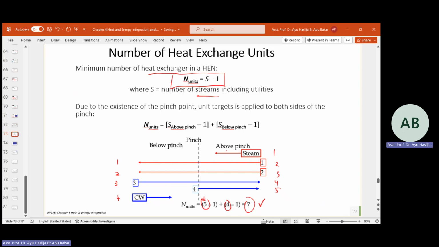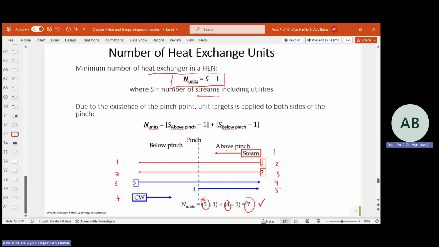Most of the time, they only buy one unit. It depends on your stream, and also it depends on your cooler capacity, meaning how much energy the cooler is able to supply.